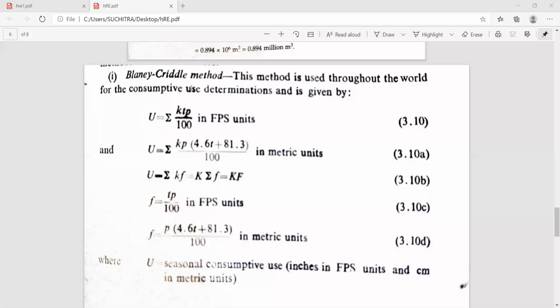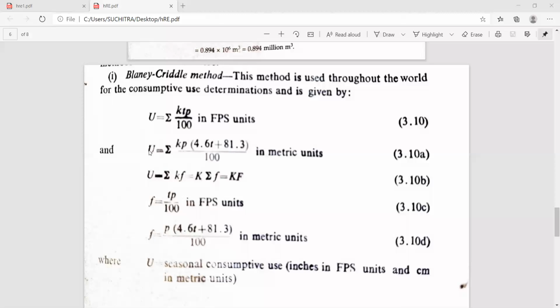It can be estimated by using a well-known method known as the Blaney-Criddle method, which is generally used throughout the world to estimate the consumptive use for a particular crop grown in a particular area. The general equation is of the form U is equal to sigma K into p into (4.6 times T plus 81.3) divided by 100. It is expressed in SI, metric units.